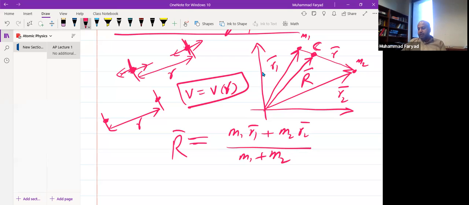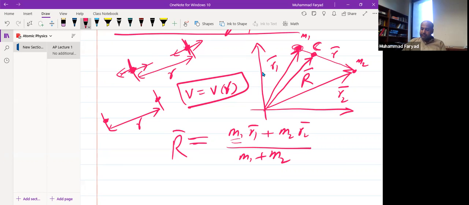For example, if both of the masses are equal, then this point would be lying right in the middle. So then this would be just (R1 + R2) / 2. But if this is a more massive particle than this one, then the center of mass would be closer to this. So this will have a higher weight than the other one.